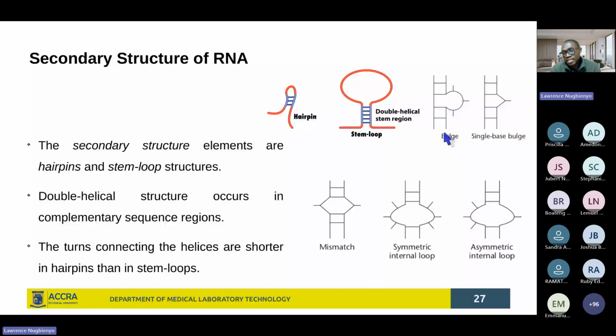That we refer to as a bulge. So it's bulging out. And next to it, we also have what we are referring to as a single base bulge.